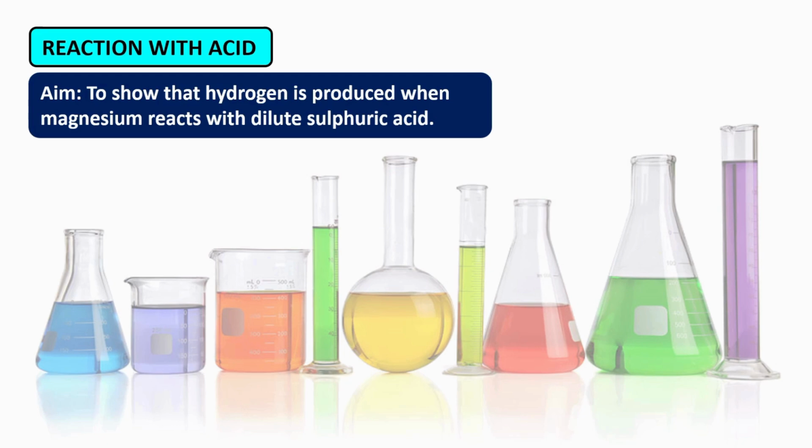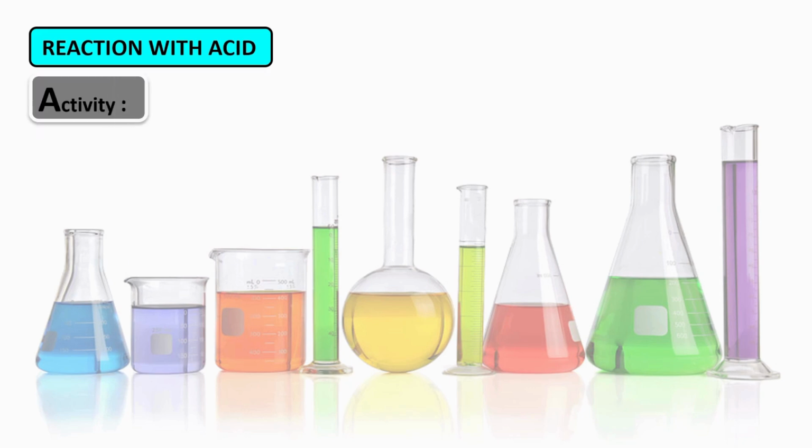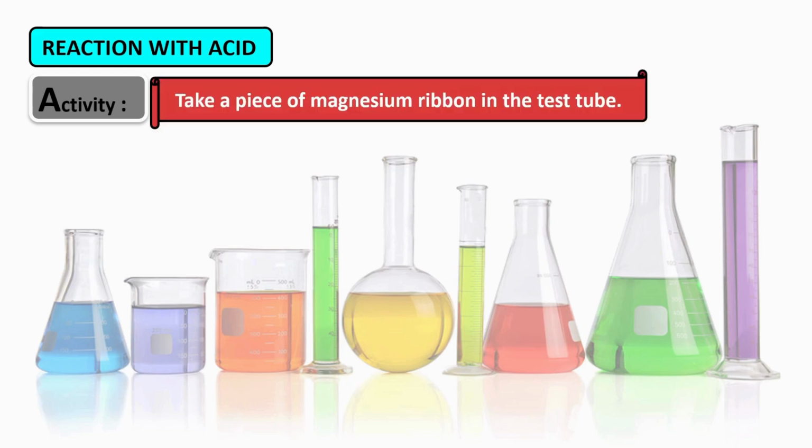Aim: to show that hydrogen is produced when magnesium reacts with dilute sulfuric acid. Activity: take a piece of magnesium ribbon in the test tube.